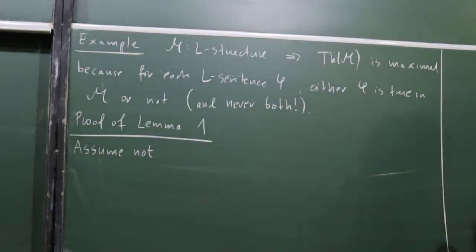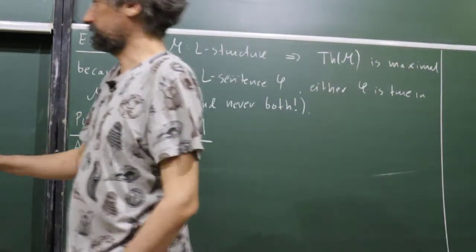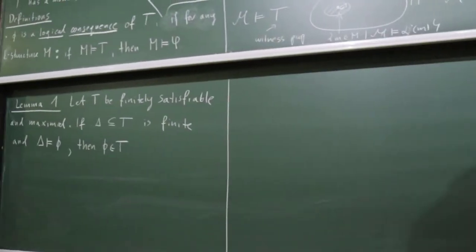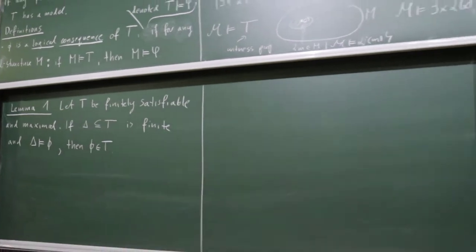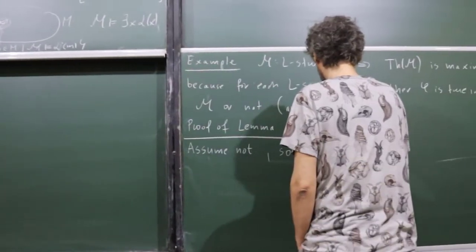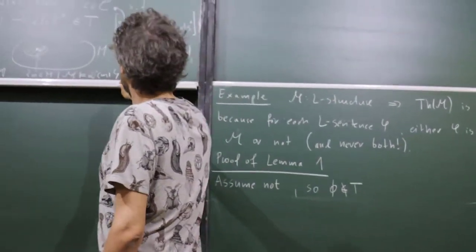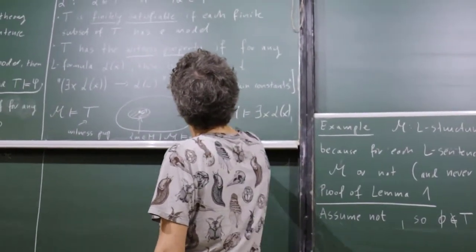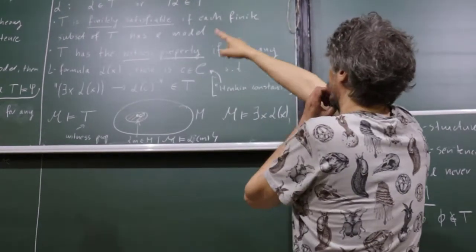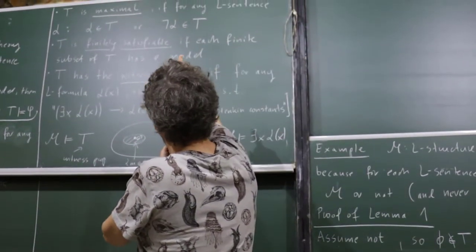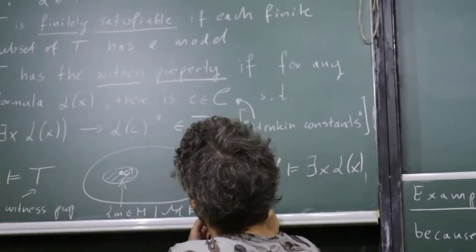So assume not. Under these assumptions, phi is not in T. By this maximality, either this holds or that. If the first thing doesn't hold, phi is not in T, the second must hold.